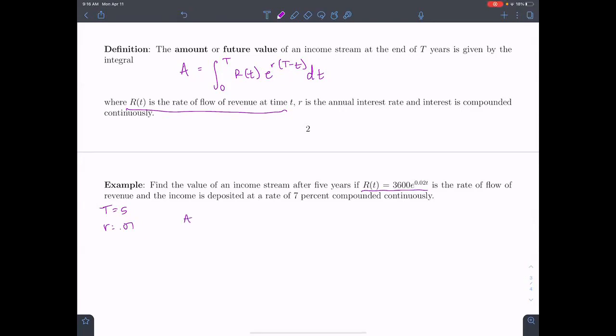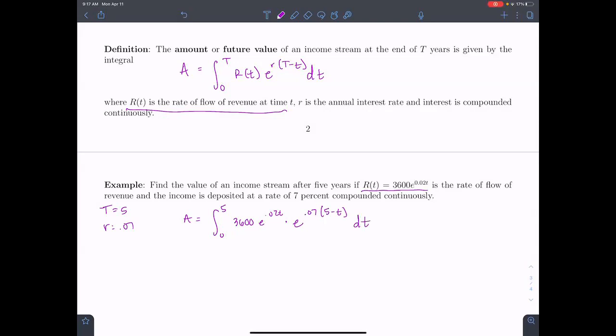So A is going to be the integral from 0 to 5 of R(t), so 3,600 times e to the 0.02t, times e to the 0.07, that's R, times big T, which is 5, minus little t, dt.